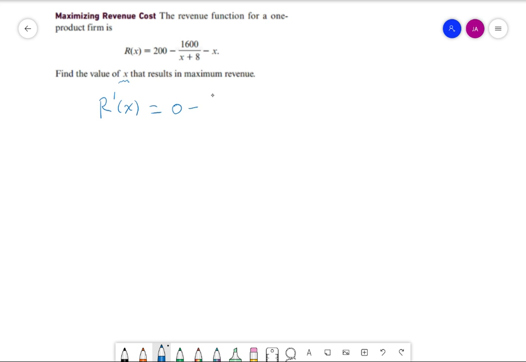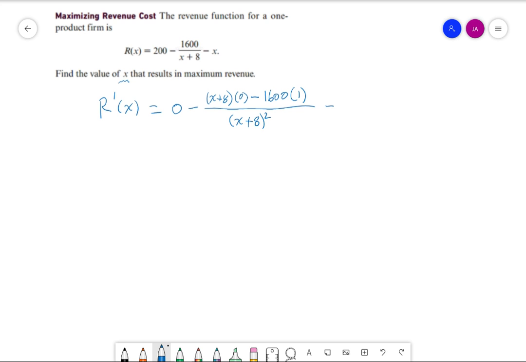Then we have a quotient rule problem which says leave the denominator alone, x plus 8, times the derivative of the numerator, but the derivative of the numerator is 0, minus the numerator times the derivative of the denominator, but the derivative of the denominator here is just 1, all divided by the denominator squared.